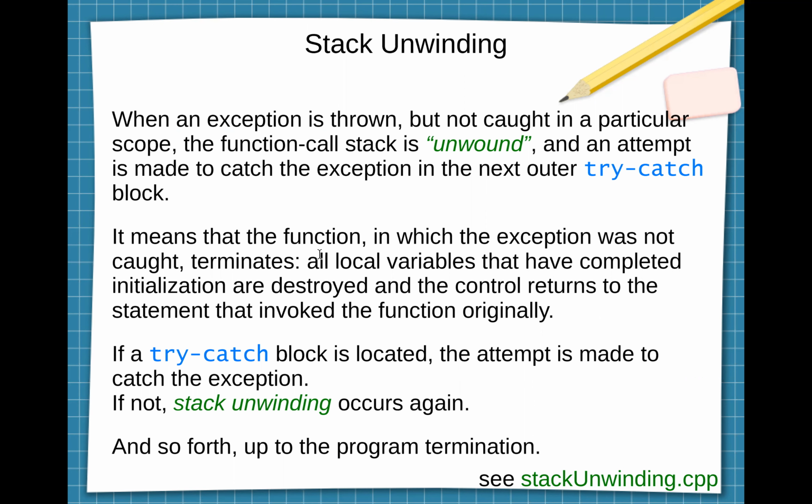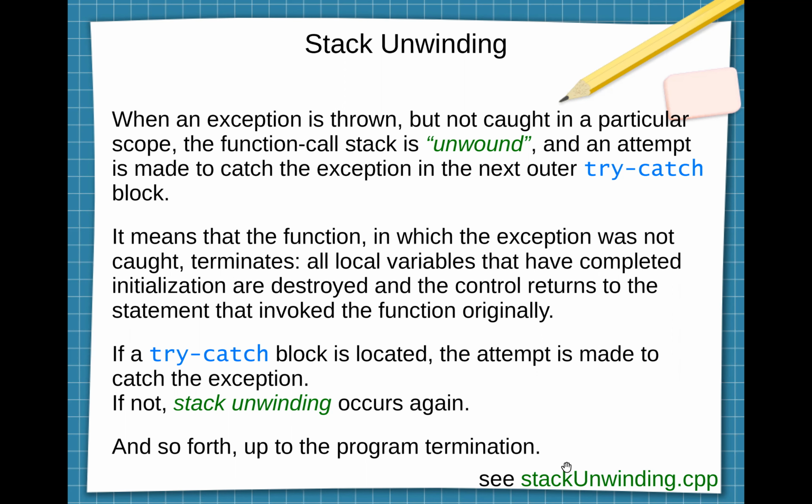And if not, we will unwind the function call stack again, and we will try to retrieve the function that called this particular function, right? So we are kind of like 2 levels up now, right? We are trying to see, hey, can you process this exception or not, right? And so forth until the main function terminates, right? Until our entire program terminates.